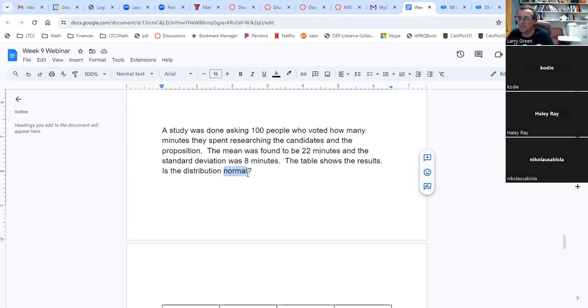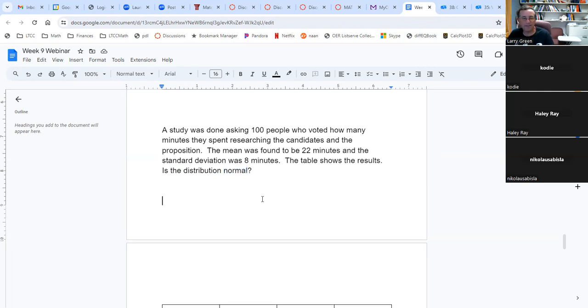Does that make sense? And that is goodness of fit. It's not homogeneity, because that would be if we had two unknown distributions and we wanted to compare the two. But here we have one that's known, called normal, and one that's not known, called how many minutes did you spend researching when you voted.